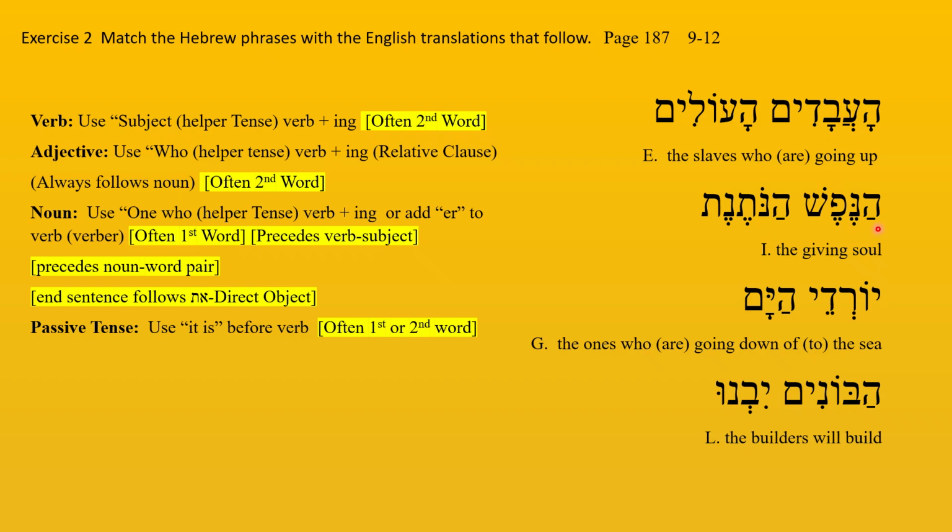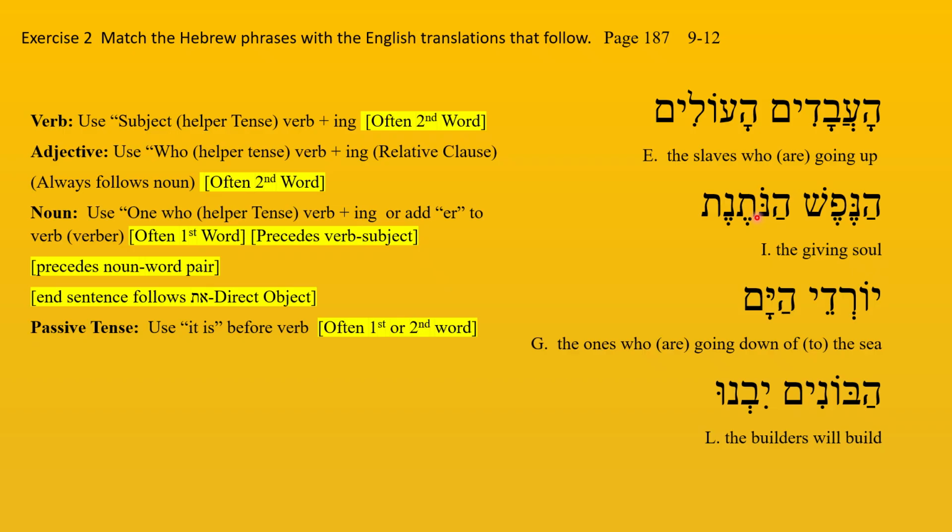Okay, next one. Ha nefesh ha notenet. Okay, so again, same situation. Ha nefesh is your noun, the soul. Ha notenet, natan is to give.